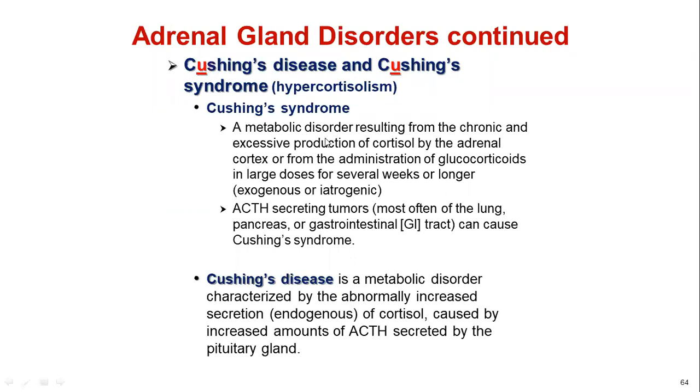A metabolic disorder resulting from a chronic and excessive production of cortisol by adrenal cortex, right? Or from administration of glucocorticoid in a large dose. Suppose someone is treated by glucocorticoid, but if you take too much glucocorticoid for a long time, you have a chance to develop Cushing syndrome.